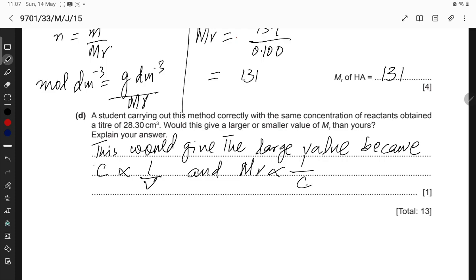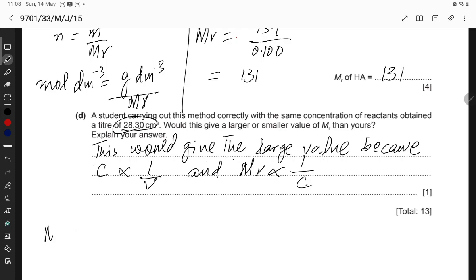So with the same concentration and a titre of 28.3, this would give the larger value, because increasing the volume decreases the concentration, and if we increase the Mr, the concentration decreases. So if a 28.30 titre is used, this would give the larger value because of this.